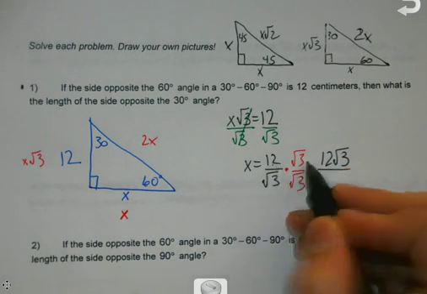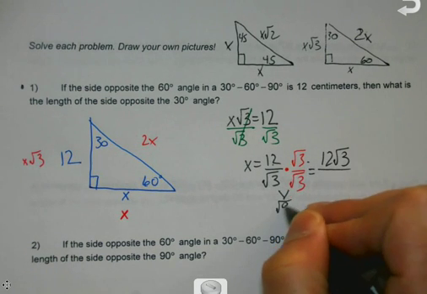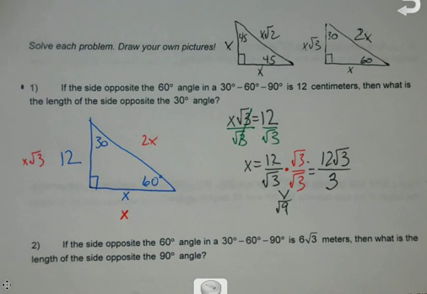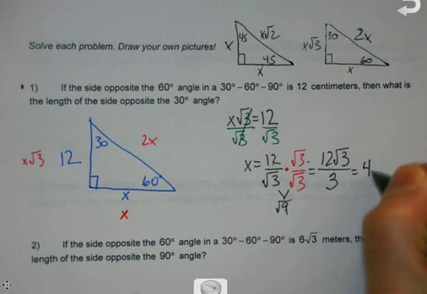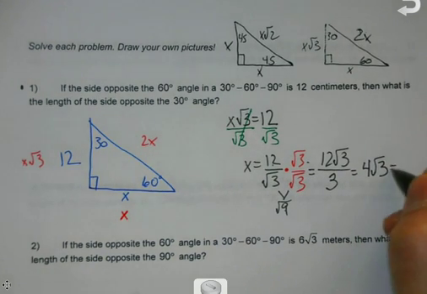Again, outside a radical and inside, I can't multiply those together, but I can do it with these. 3 square root of 9, which is 3, but don't get lazy. Those numbers that are outside the radical, if I can reduce them, I can. 12 divided by 3 is 4. So 4 square root of 3 is the x value.